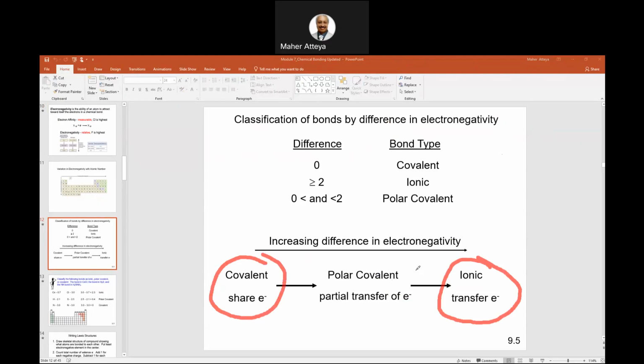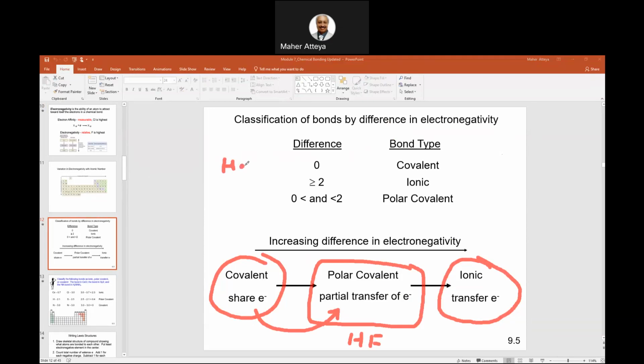And polar covalent, they are covalent, but they share with partial transfer of electrons. They don't transfer it 100% because of strong electronegativity, such as HF here.